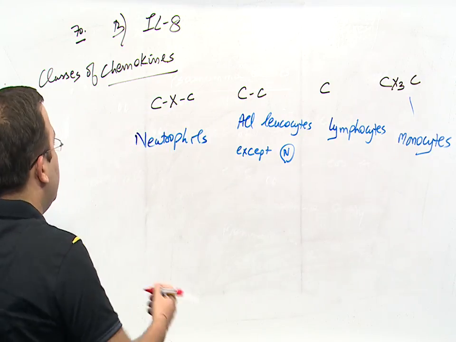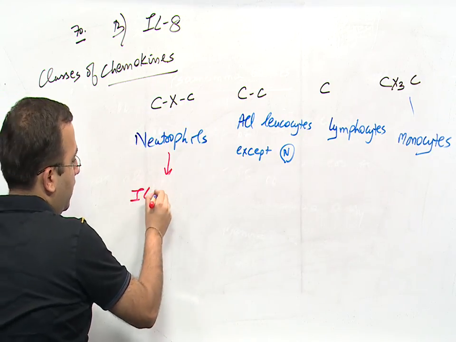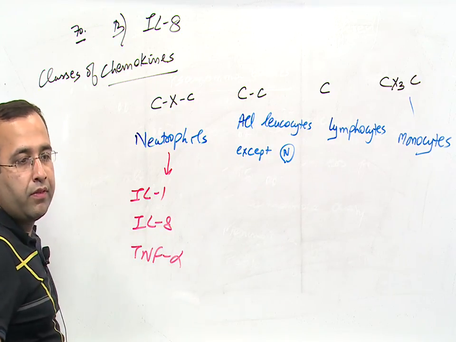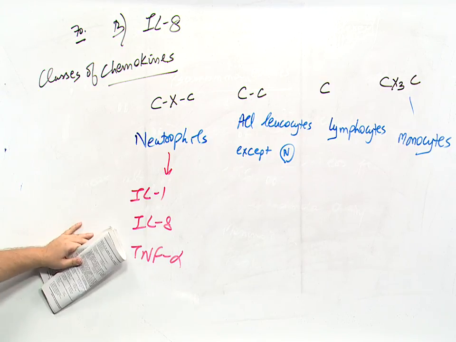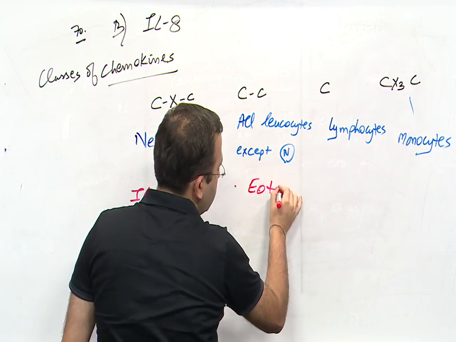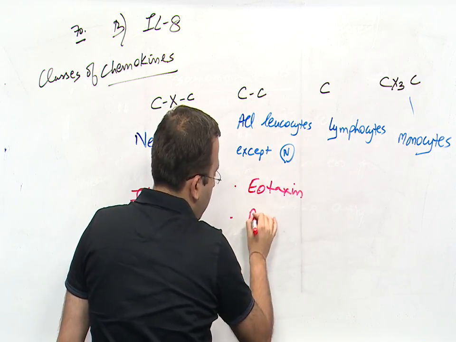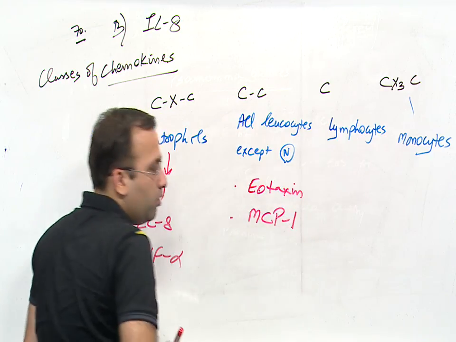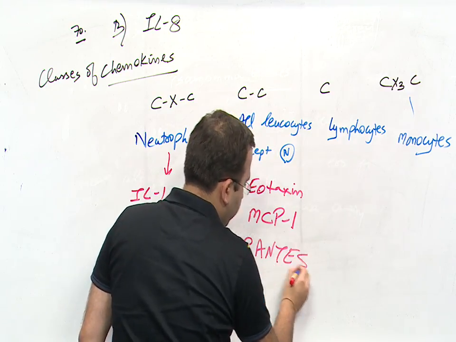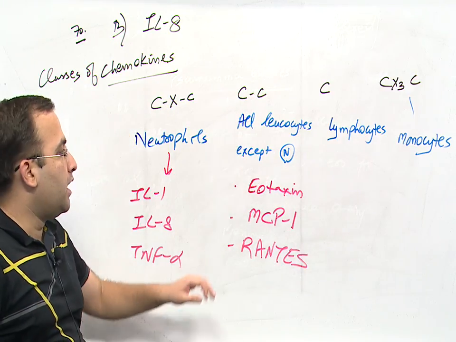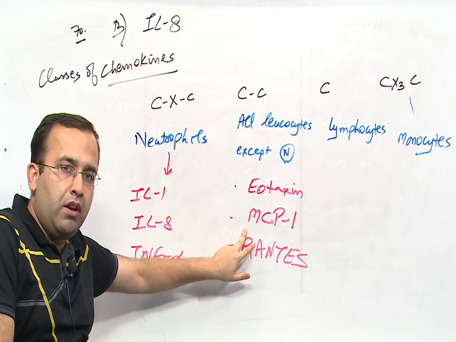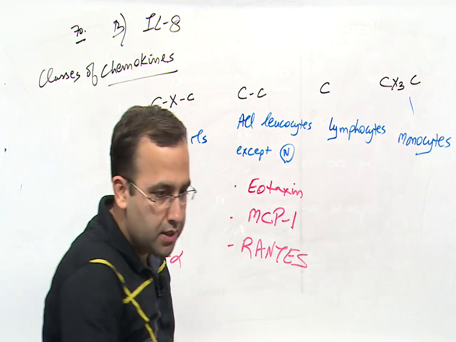Next point, what are the chemokines in this category? Interleukin 1, interleukin 8, TNF alpha. For all leukocytes except neutrophils: eotaxin, monocyte chemoattractant protein 1, MCP-1, and RANTES.